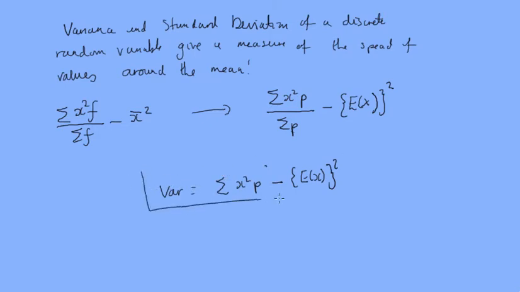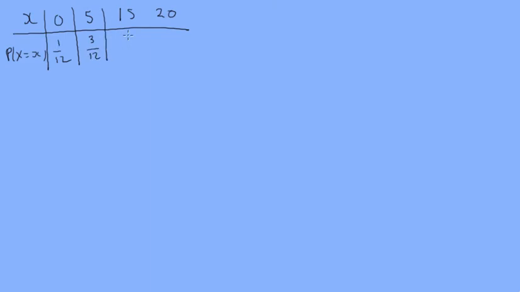So let us look at an example to calculate the variance. We've got this table. I was going to draw the table. We've got values 0, 5, 15 and 20, and the probabilities of x are 1/12, 3/12, 5/12 and 3/12.